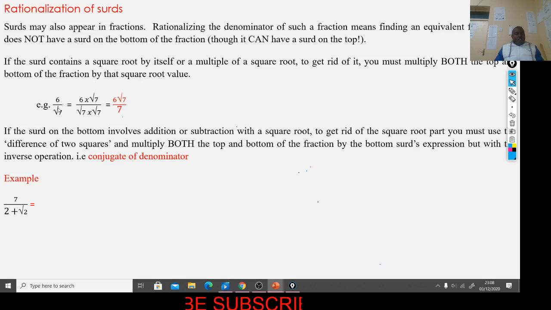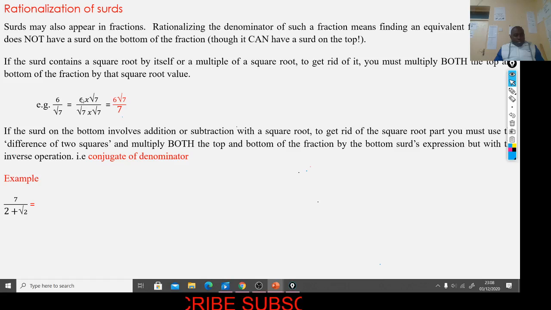E.g., 6 over root of 7, we multiply by root of 7 at the numerator and the denominator for us to remove the root in the denominator. So when it is just a root at the denominator, we remove the root by multiplying at the bottom and the top.